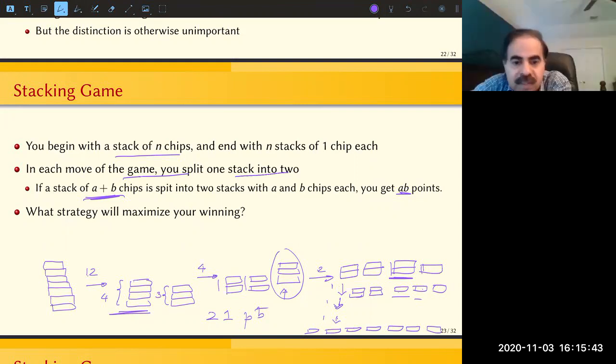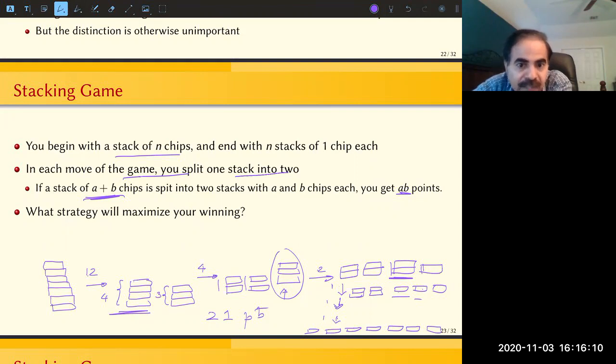Okay, so for instance, if I take the 7 stack and break it into 6 and 1, right, I'll get only 6 points, right? So an uneven, highly skewed split gives me, if I take a stack of n and break it into n minus 1 and 1, I get only n minus 1 points, right?